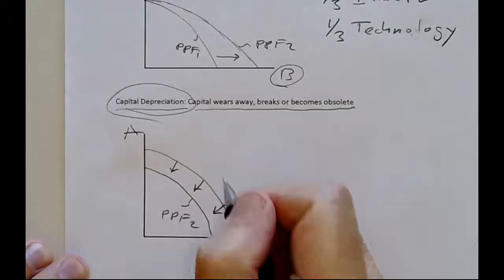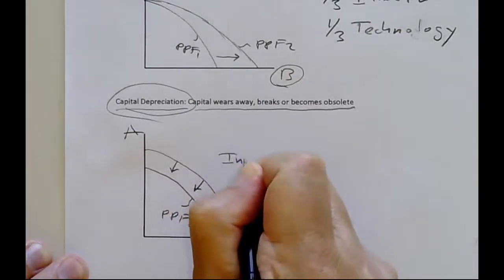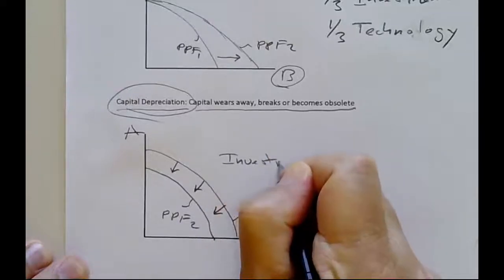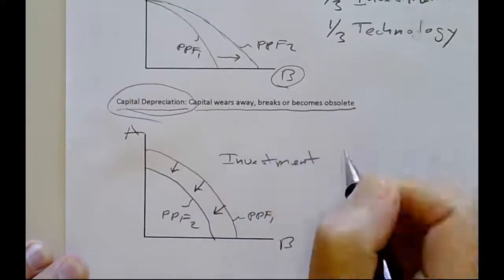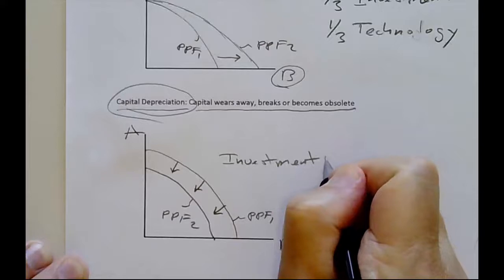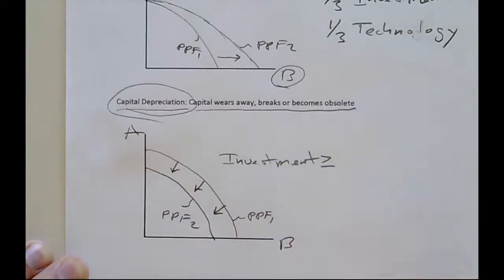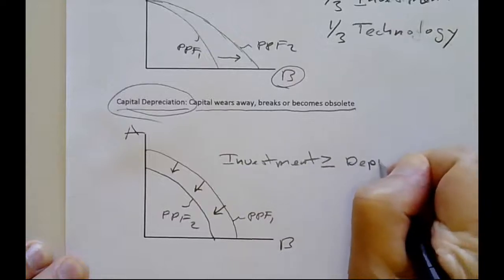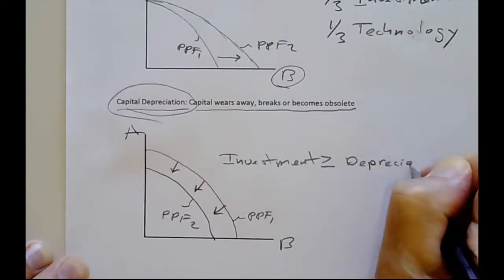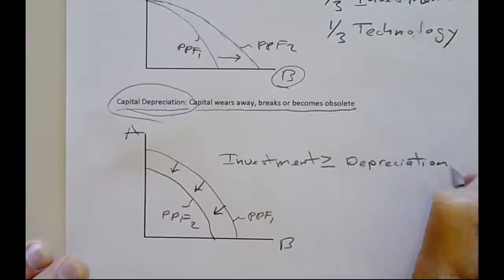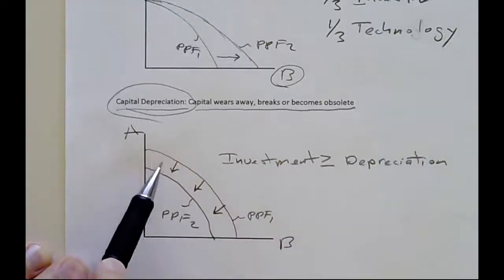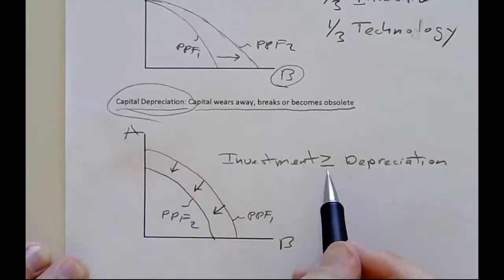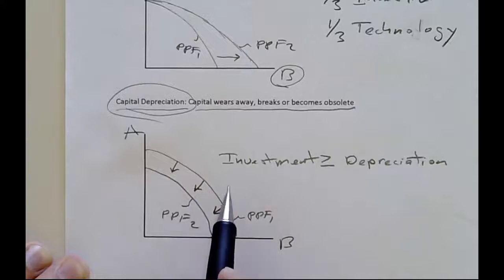So what we need is investment to beat the minimum, at least greater than, or at the minimum, equal to the amount of depreciation. If it's equal, then we can maintain our same position. If it's greater than depreciation, we can actually move it out.